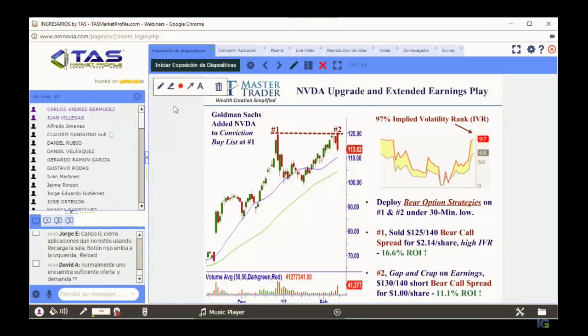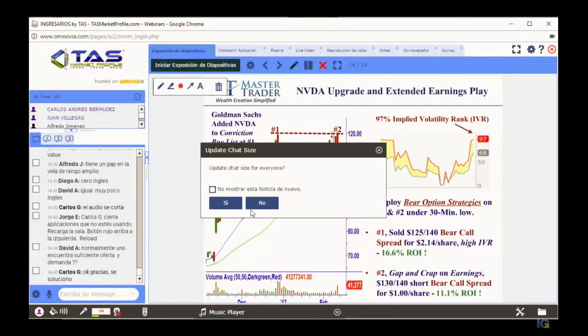The implied volatility was 97 out of 100, which means the option prices are very, very expensive. So couple that with Goldman Sachs coming out and putting NVIDIA on their conviction buy list after the stock has rallied from $20 to $120.